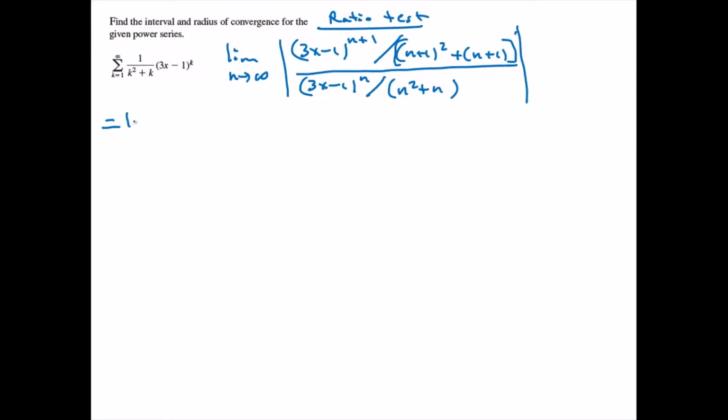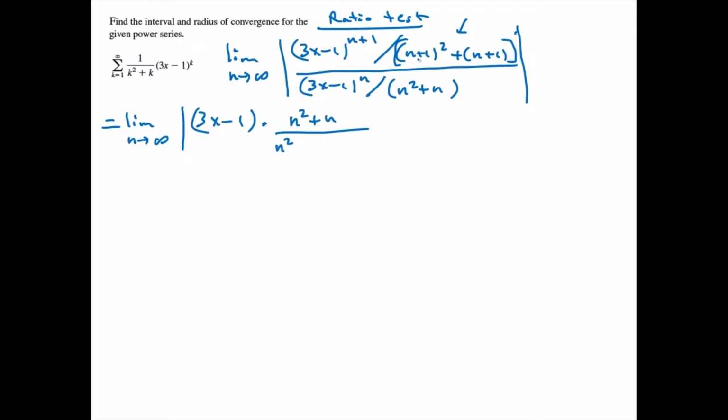So this will become the limit as n goes to infinity of 3x minus 1 to the n plus 1 over 3x minus 1 to the n. That will simply be 3x minus 1. And when we look at the ratios of these terms in the denominators, those will become n squared plus n over, well, this one on top will go into the bottom, and that will become n.